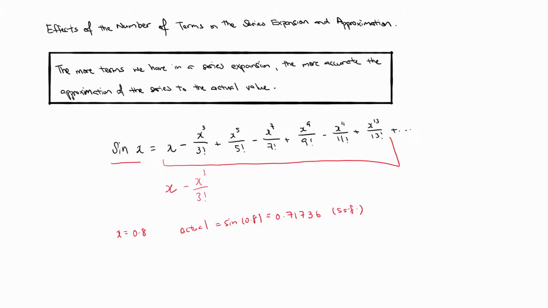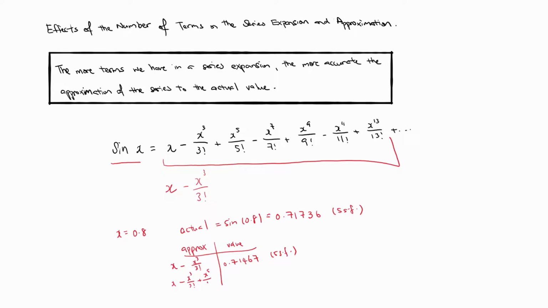And then the approximated value, when we were using x minus x cubed over 3 factorial, let's recall that we had 0.71467 to 5 SF.